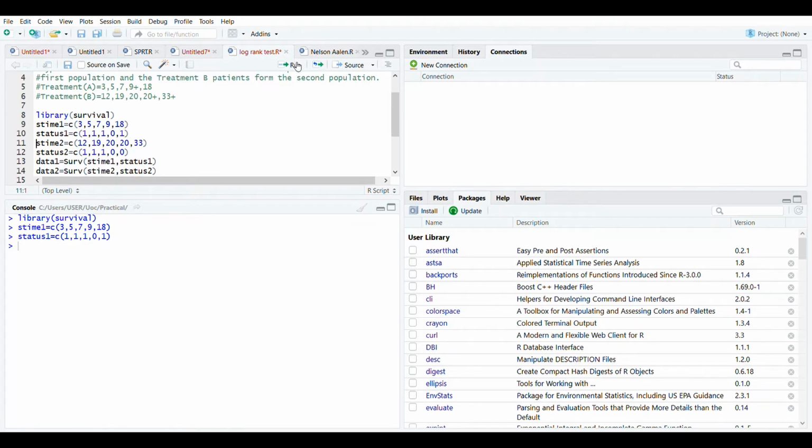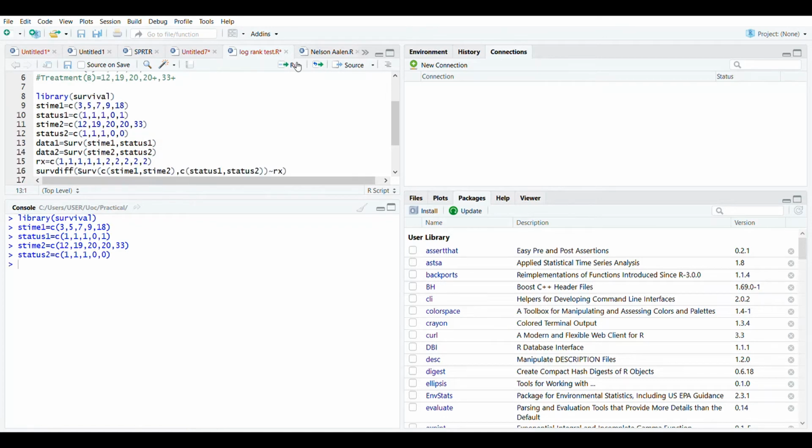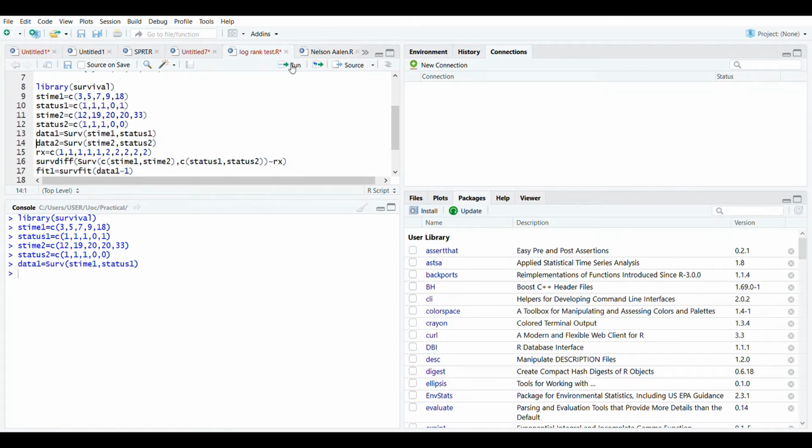Similarly, we enter the data for treatment B. Now, the given data is the survival data. So, we give data1 = Surv(stime1, status1), and calling data1, we can see the observations 3, 5, 7 and 18 are exact observations and 9 is a censored observation, which is the remission times of patients assigned to treatment 1.